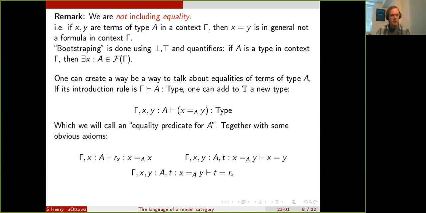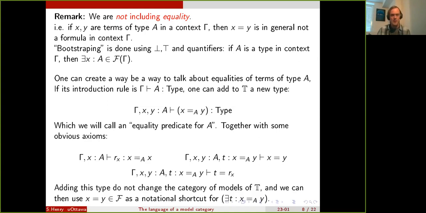And so, for example, you get a new formula, which is there exists a term of type x equal y, which you can use as a definition of the formula x equal y. And so as soon as you have such an equality predicate on the type A, you have the formula x equal y for variables x and y of type A.